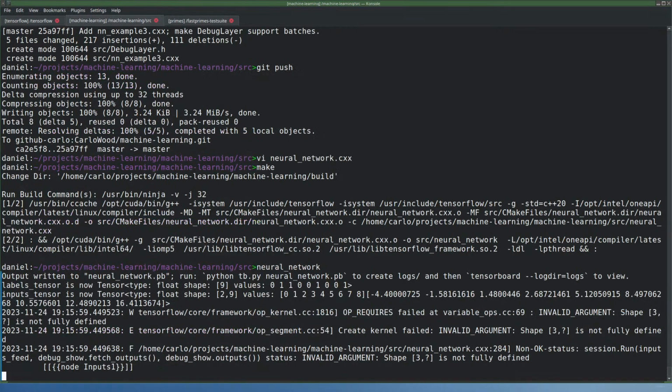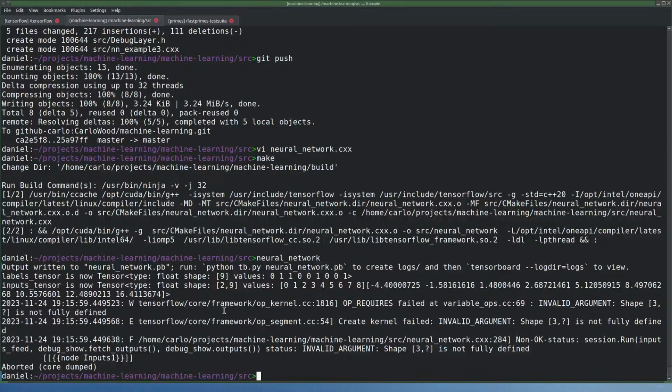Nope, not running. Invalid argument. The shape is not fully defined. So that was not possible, I guess.